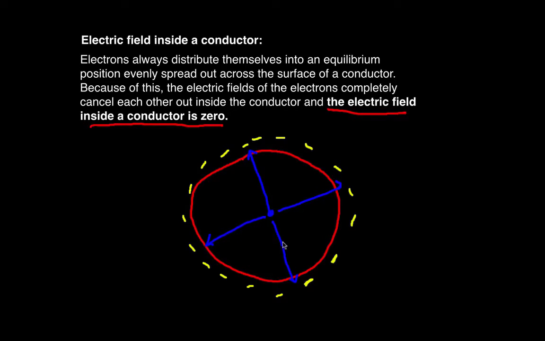And as a result, the electric field completely cancels itself out in all directions. So the electric field inside a conductor is zero. There's no electric field inside a conductor, no matter what.